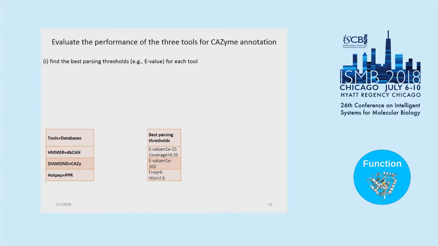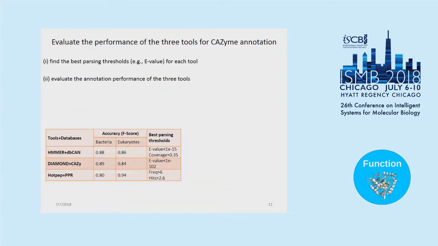We found that for HMMER and dbCAN, there are two important thresholds. One is the e-value, the other is coverage, how much of the domain is covered in the search. For DIAMOND, it's basically just the e-value, and HotPep has two parameters. One is the frequency of those k-mer motifs, and the second is how many hits there are with that k-mer motif.